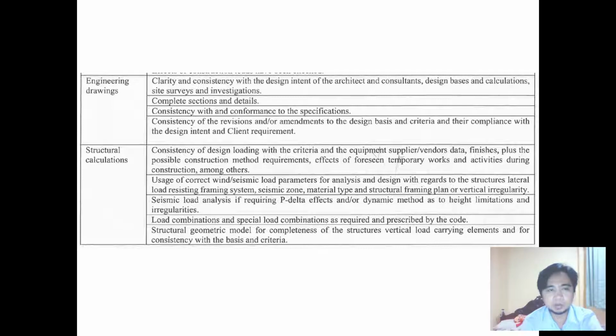You should also consider those ones. And if you intended to have stockpile on that certain construction, you should also consider this, or you should expect this temporary works or activities during construction.